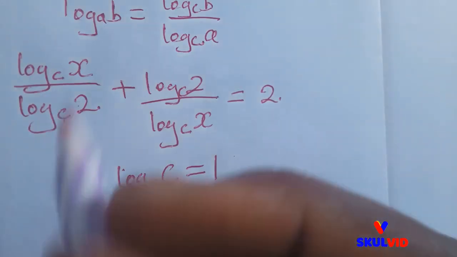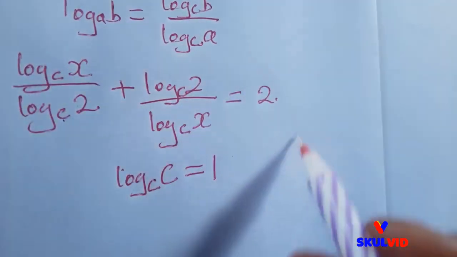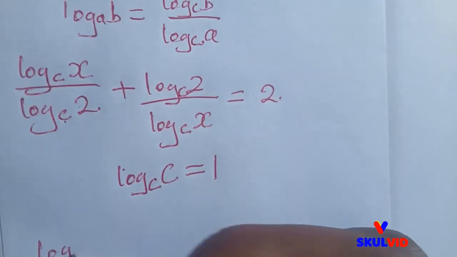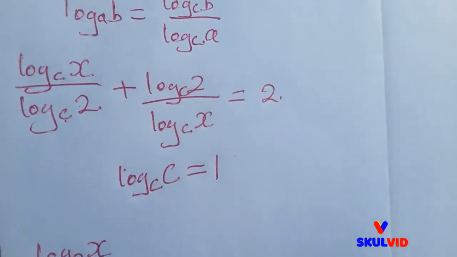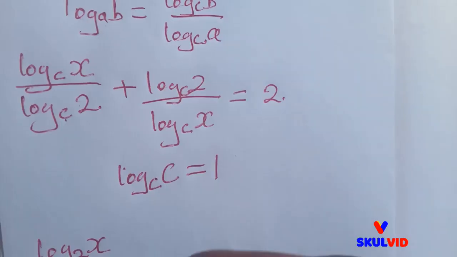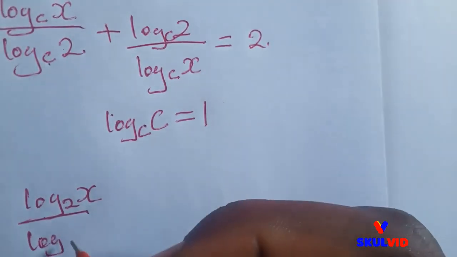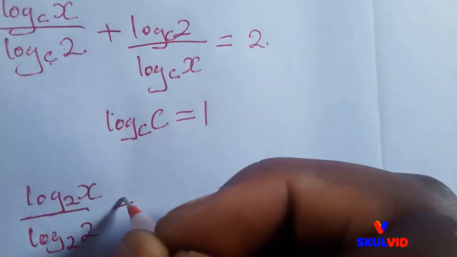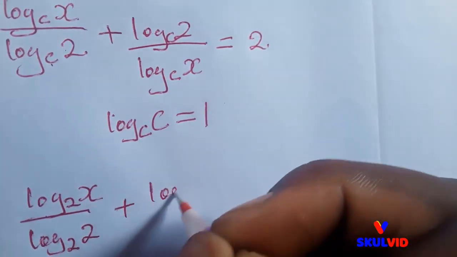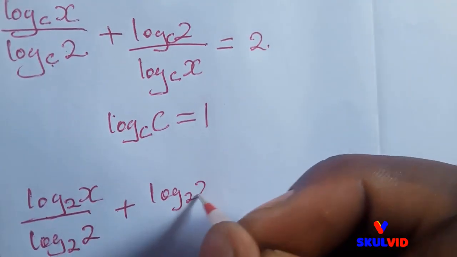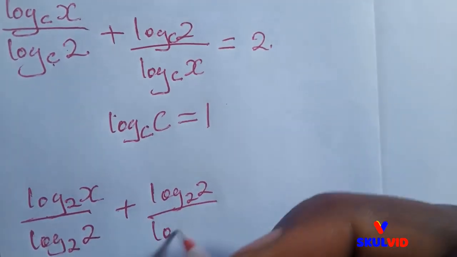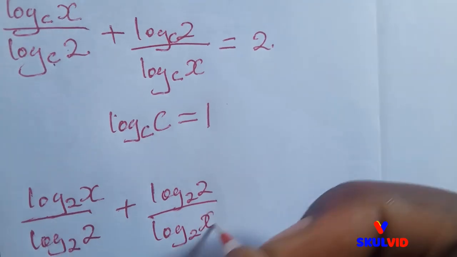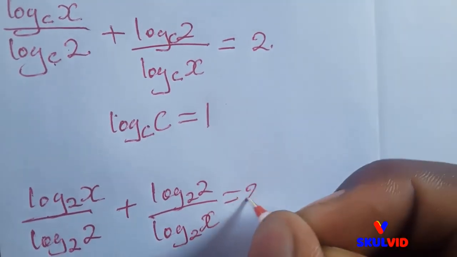So this equation at this point can be written as log x to base 2 over log 2 to base 2, added to log 2 to base 2 over log 2 to base x, is equal to 2.